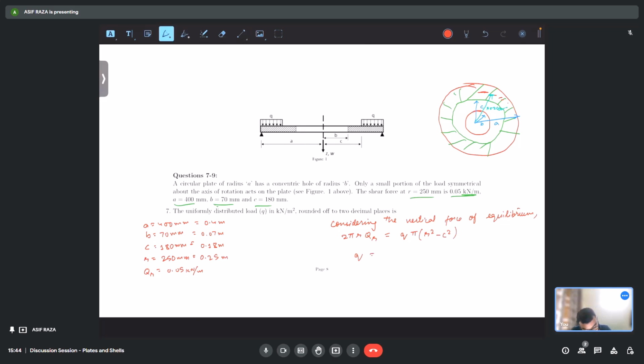So this UDL will be given as 2 r qr over r square minus c square, that is 2 into r is 0.25, qr is 0.05, over r is 0.25 square minus c is 0.18 square.